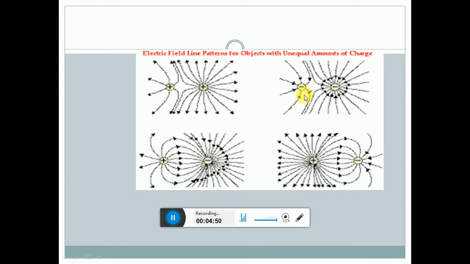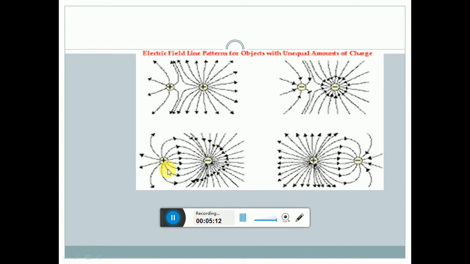The second one is two negative charges. Similarly, we can see two negative charges along with the field lines. They will start from outside and enter into the negative charges. When the point of intersection comes, they won't intersect and they will flow into the corresponding charges.